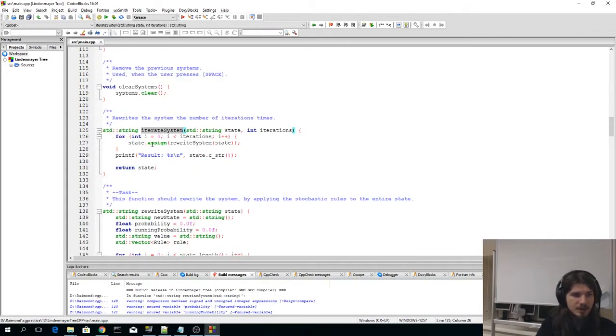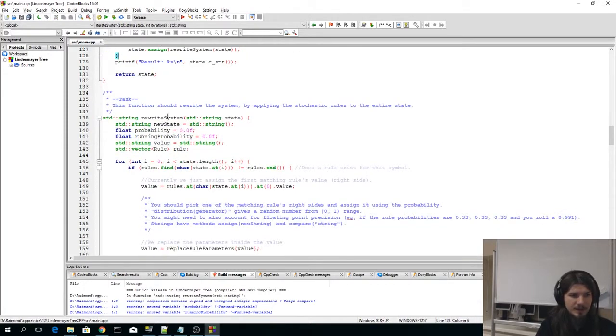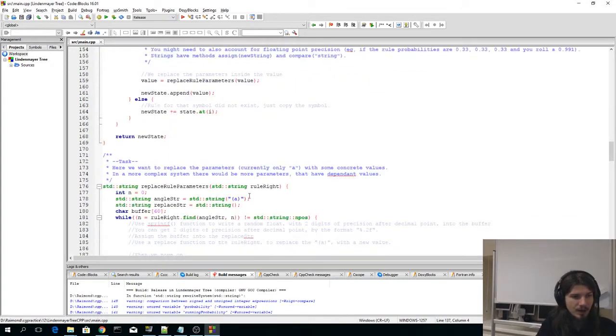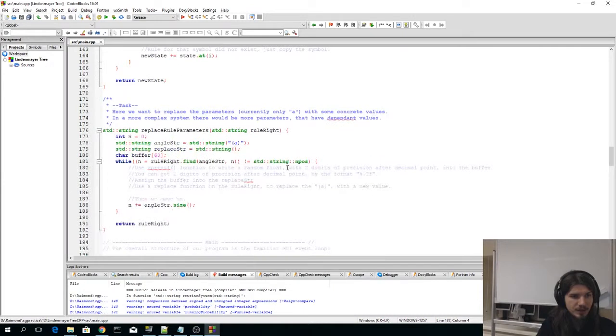Iterate system, so this is the iteration, so we call the rewrite system on the state as many times as there are iterations. And rewrite system is what rewrites the system, replaces the rules, takes each letter, sees if there's a rule to substitute this letter with something else, and does that. Okay, we'll come back to this quite soon.